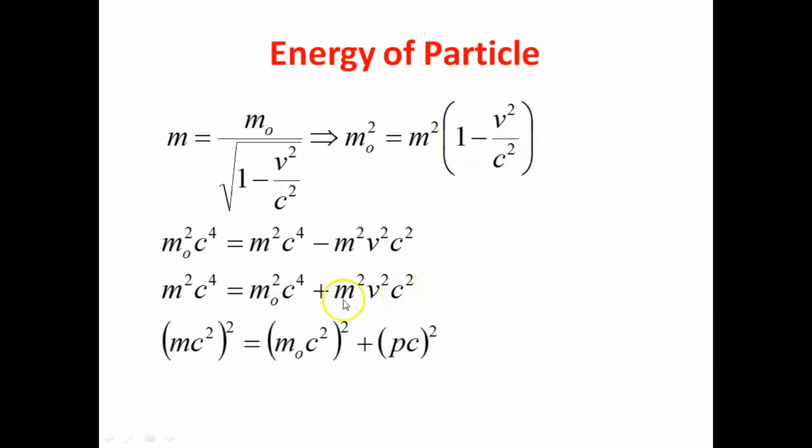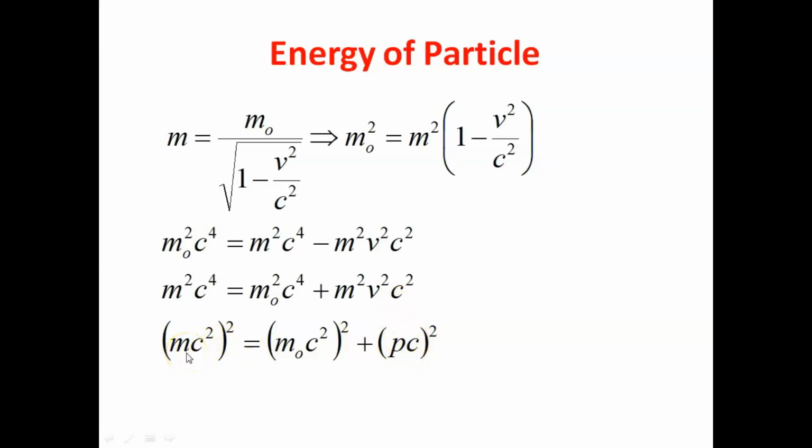So here this quantity m into v is relativistic momentum. Rather, this can be m0 gamma v in place of m into v, whole thing square. So this quantity is relativistic momentum p, and this c is as it is.